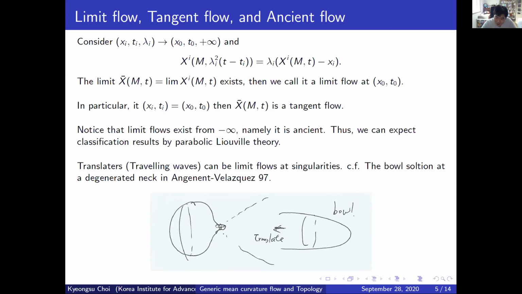Actually, this part has very high mean curvature compared to the other parts, so this one would develop a point singularity. We call this a degenerate neck. Maybe you can see more pictures in this paper. Anyhow, if I blow up this singularity, then this part would converge to this bowl soliton, and this bowl soliton means a rotationally symmetric translator.